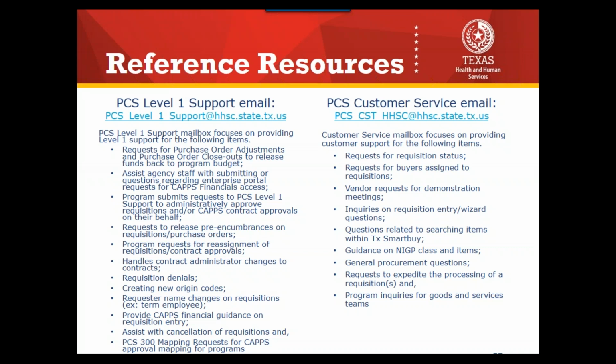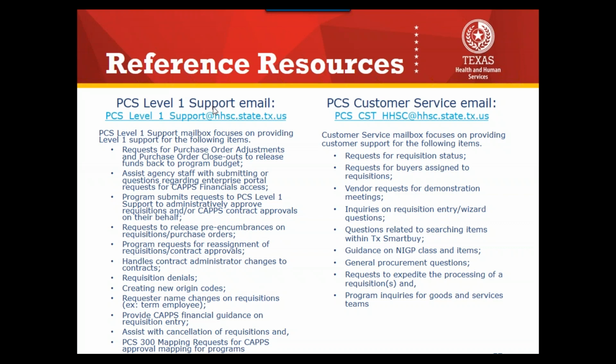So you'll notice there are some scenarios that could be helpful, right? What do I do if I have questions about the wizard questions, right? You can contact the customer service. What do I do for guidance on the NIGP class and item codes? You can contact the customer service email address. Over here to the left, what do I do when a requisition gets denied?